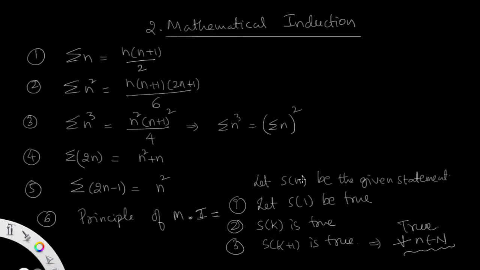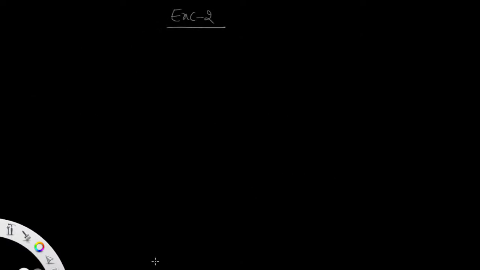The first case is S of 1 is true. The second is S of k is true. The third is if the condition is verified for 1 and k, then S of k plus 1 is true. Then the given statement is true for all n belonging to N. Then the remaining question is the continuation.